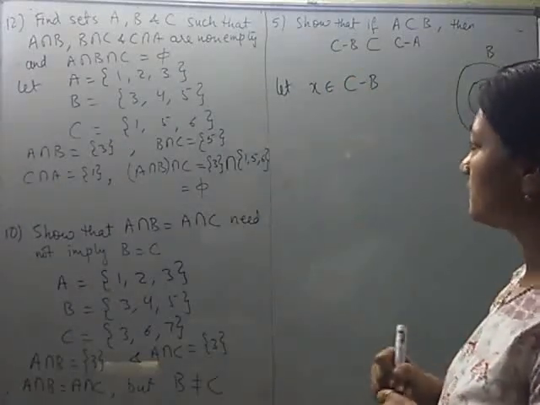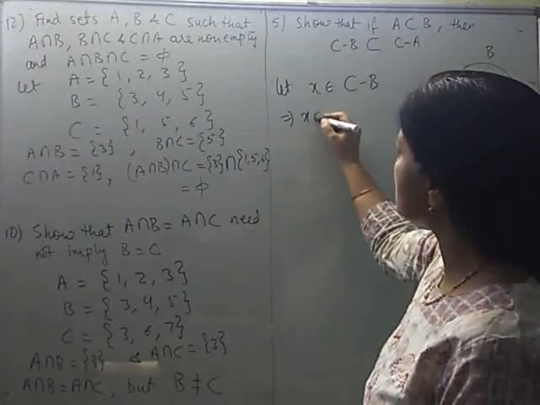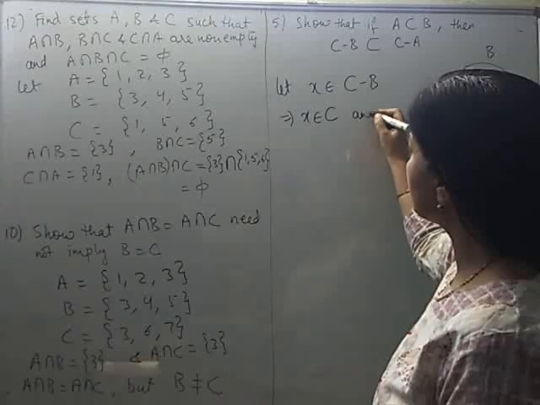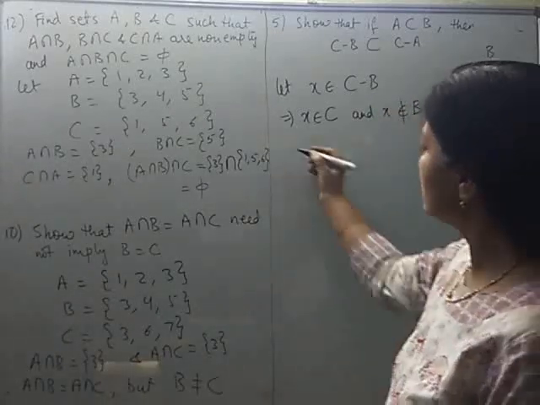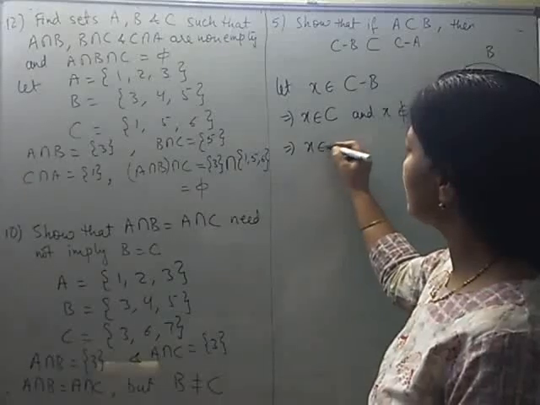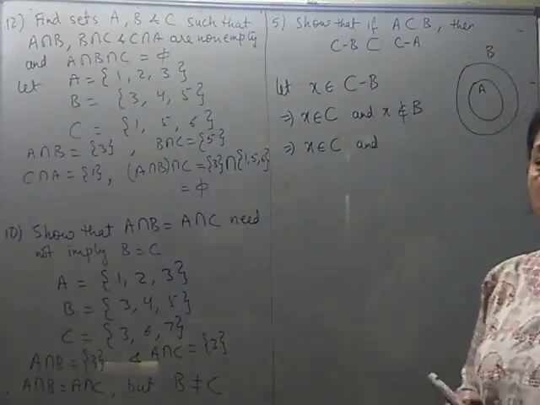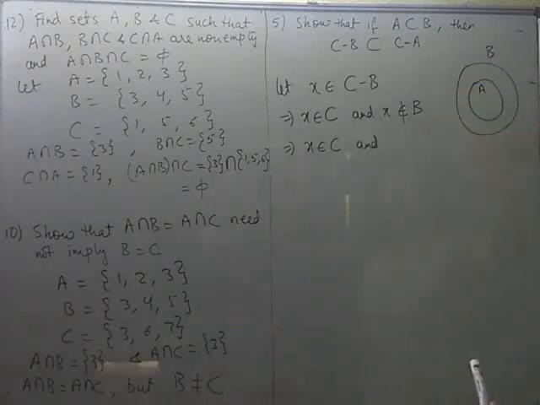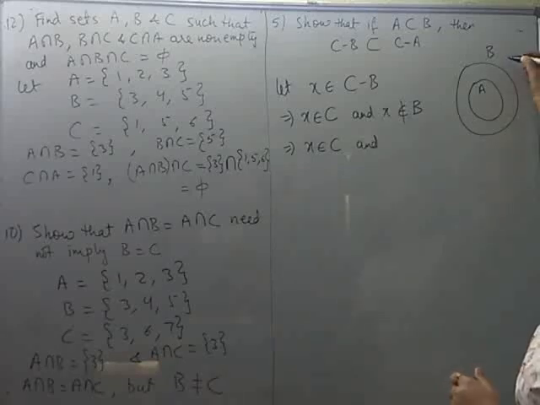Now keeping the definition of difference of two sets in mind, we can write this means x belongs to C and x does not belong to B. Okay, same step can be rewritten as, first part I'll keep same, second I will change. Now look at this diagram. If x is not in B, where will it be?